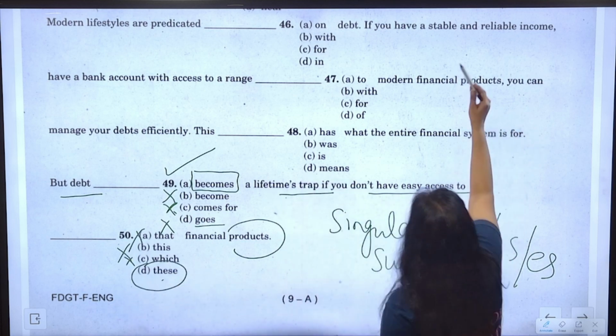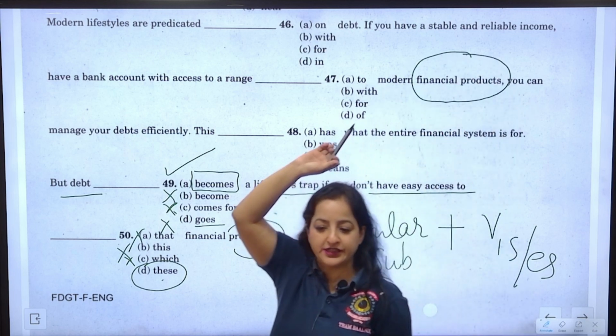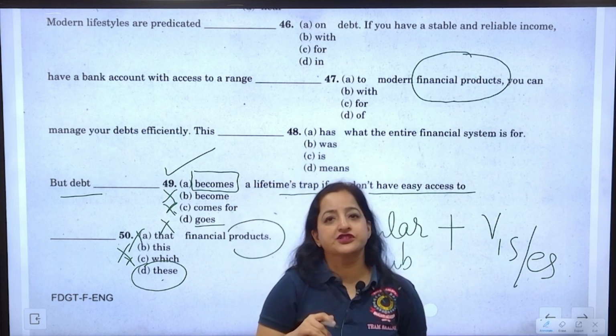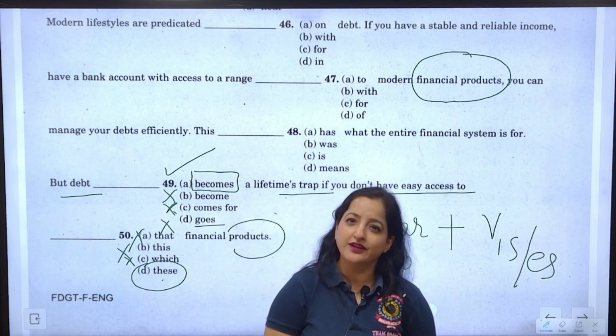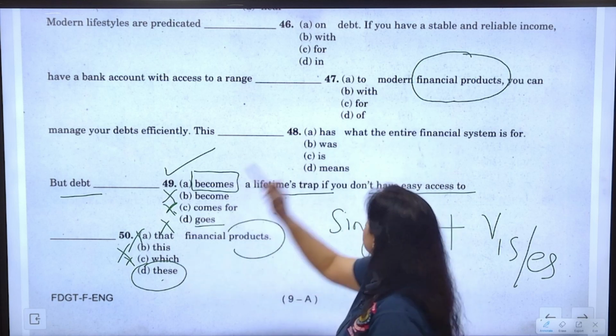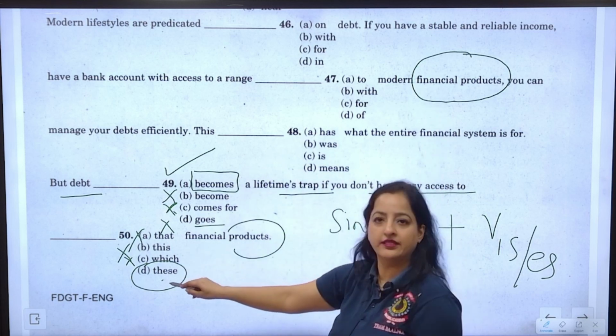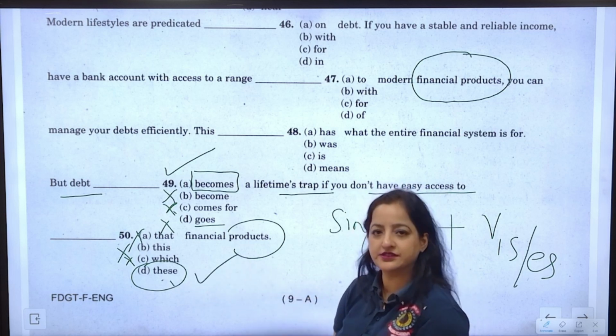Because we just talked about financial products. So clearly the answer has to be these. These means what we just mentioned. You will not choose some or those. We just talked about it. So these financial products, which were mentioned earlier. This one is the answer.